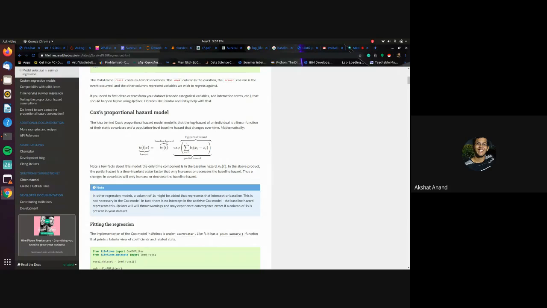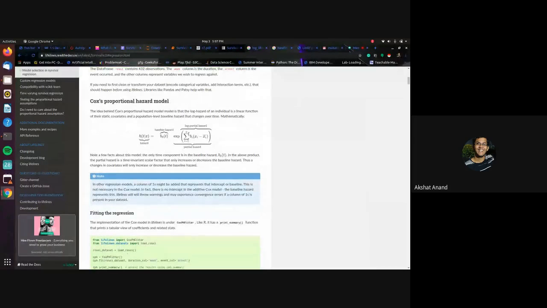It will change with respect to time, but the covariates will be static because they are always constant. This is called static. So the log hazard function of an individual is a linear function of the static covariates xi.